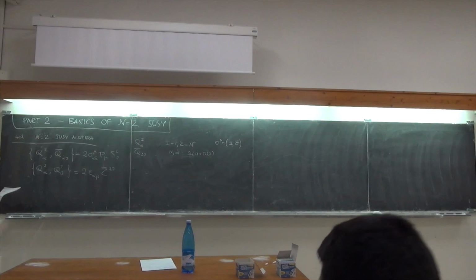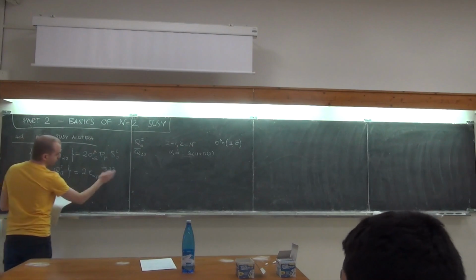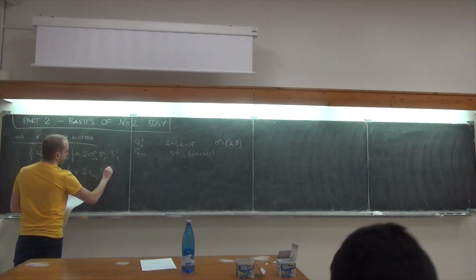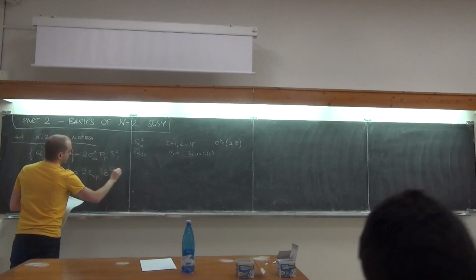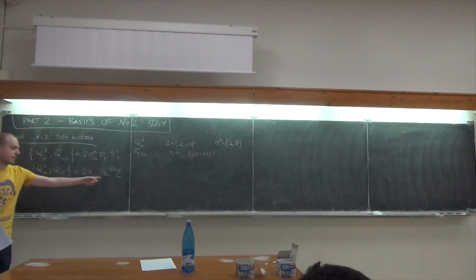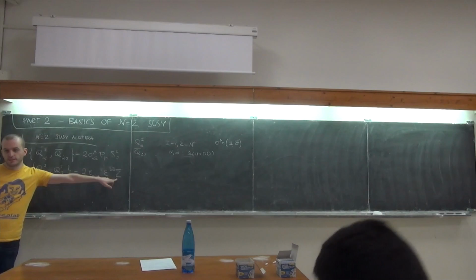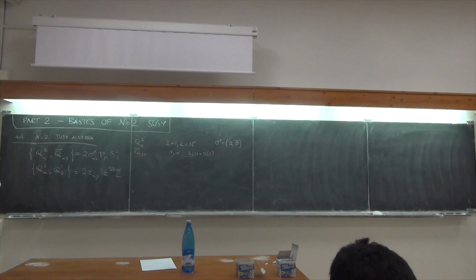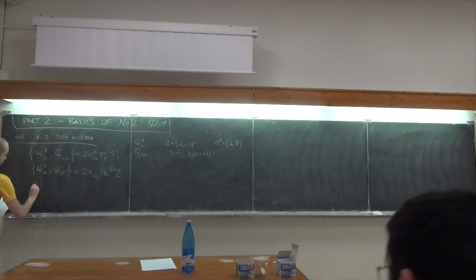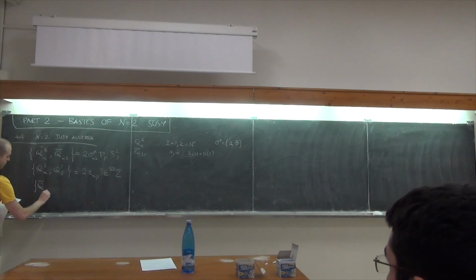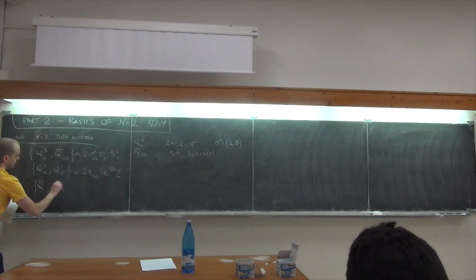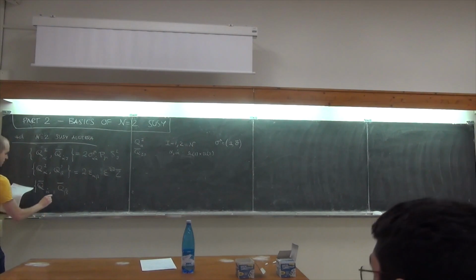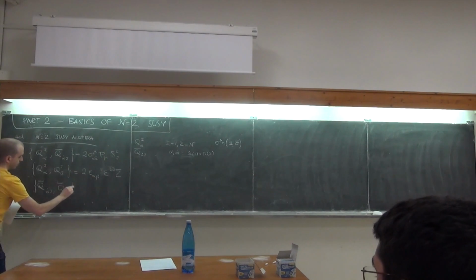But since I and J run from 1 to 2, we can just replace this antisymmetric object with an epsilon tensor times a number, Z. And obviously you have a complex conjugate anti-commutator.